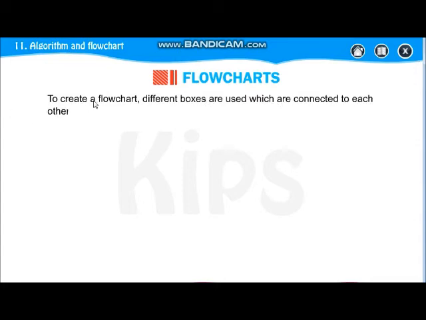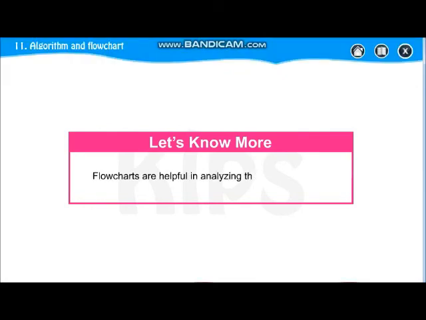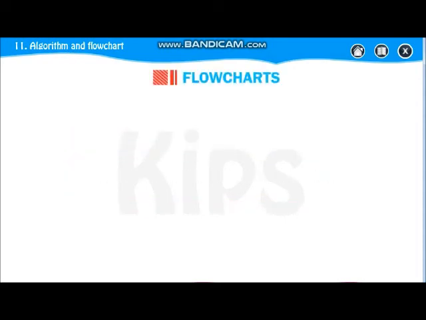Now to create a flowchart, different types of boxes are used. We have studied these boxes through your live worksheets also. Now flowcharts are helpful in analyzing the logic of a program. Okay. Now before starting this flowchart, I am giving you one assignment to write an algorithm, and you have to write the algorithm in your notebook.